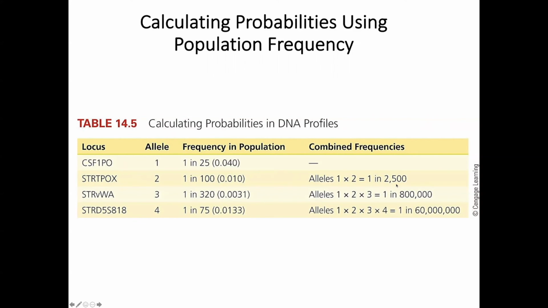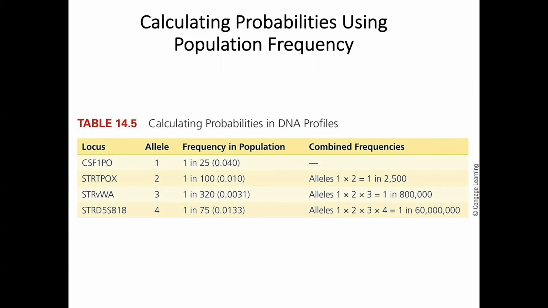Okay, so based on this calculation, the likelihood that any two individuals, except for identical twins who have exactly the same genetics, we know that, right? So just two unrelated individuals will have the same 13 loci DNA profiling can be as high as 1 in several billions or even greater, okay?